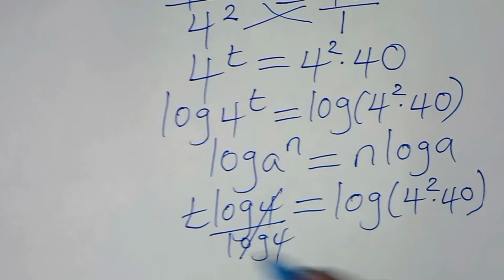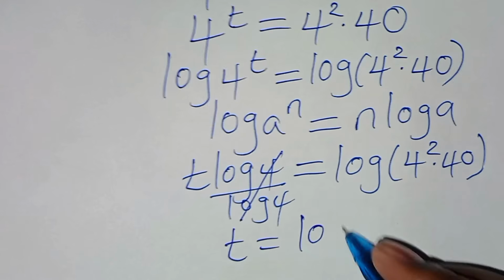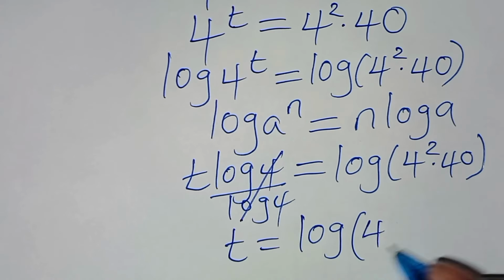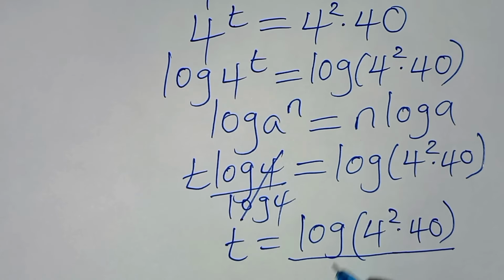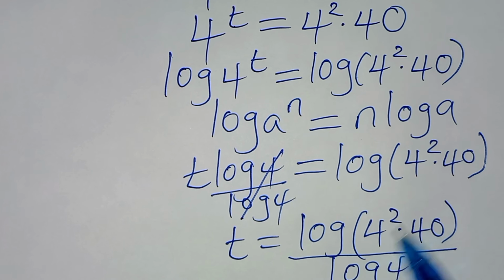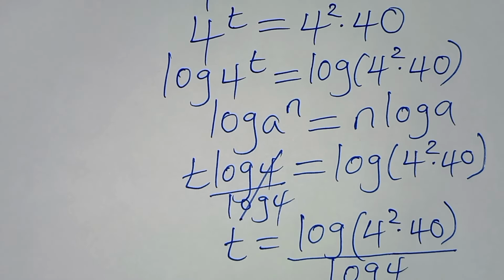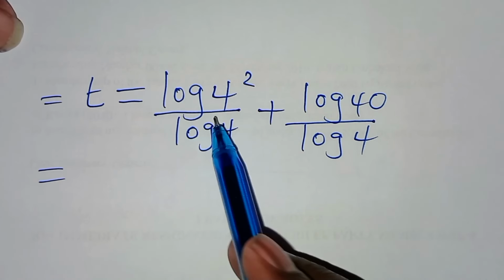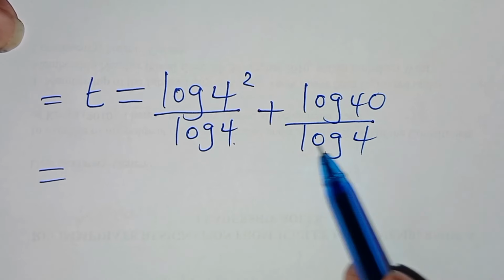Simplify here, log 4 and log 4 simplify, so that we'll have t equal to log of 4 squared times 40 divided by log 4. So let's proceed from here. Now here we have t equal to log 4 squared divided by log 4 plus log 40 divided by log 4.